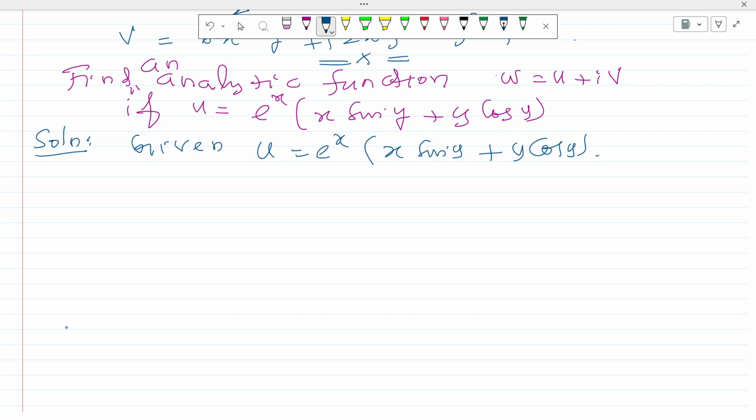So how to find f of z for this? U is given, so you have to find dou u by dou x.